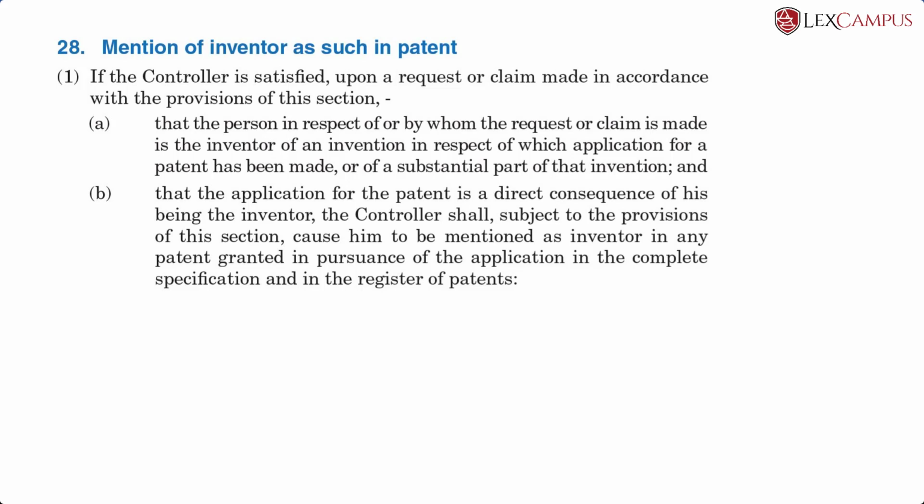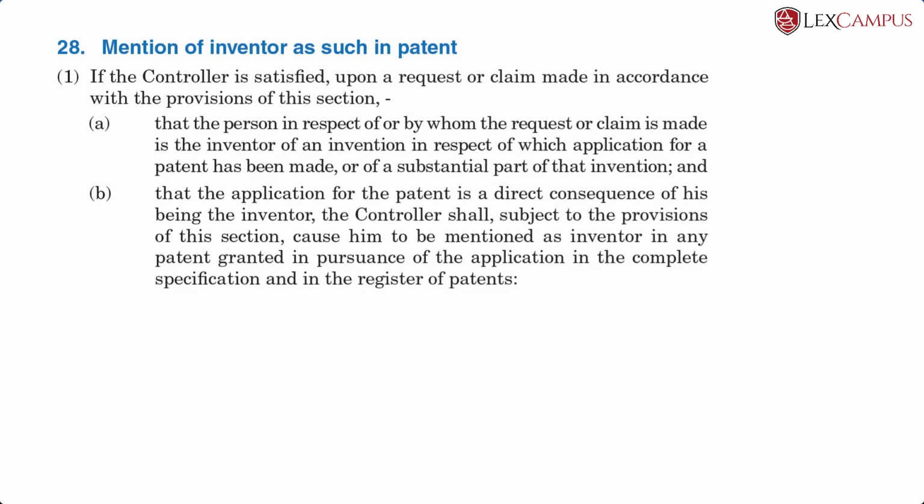That's the requirement under law, that an inventor should have some connection to the creation of the invention. That is why you find in 28(1)(a) there is a mention of the person being an inventor of the invention or of a substantial part of that invention, which means the creation of the invention was a group endeavor. There were others too, joint inventors, and together they came up with the invention.